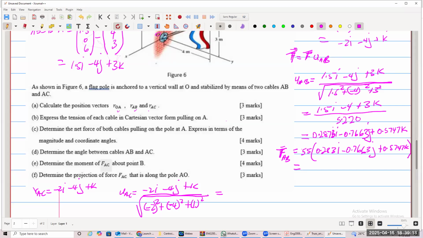Can somebody give me that value, please? I want the unit vector. When you do the modulus of that, what will you get?